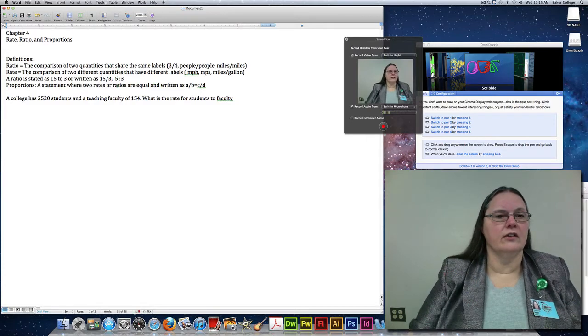That is how it's written in its formal form, but the way we need it written is in the fraction form. Proportions is the next thing we'll look at.